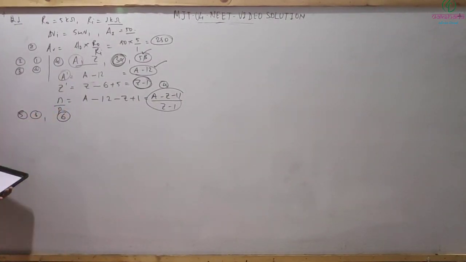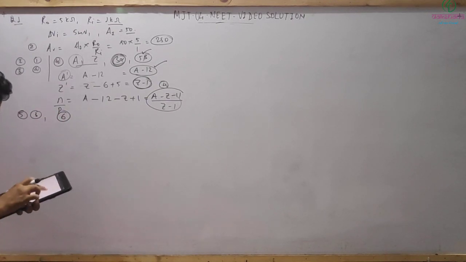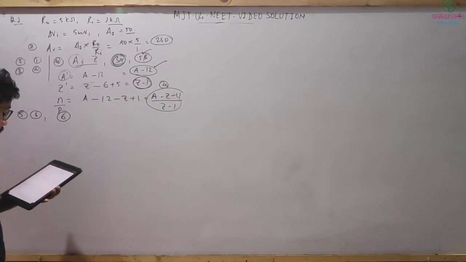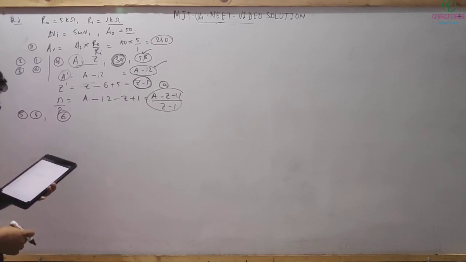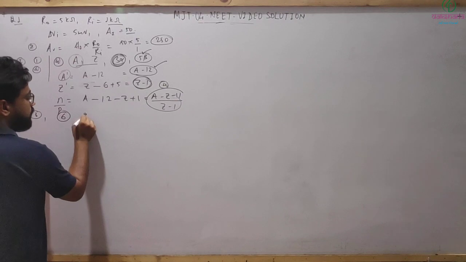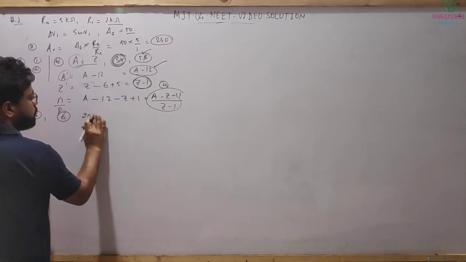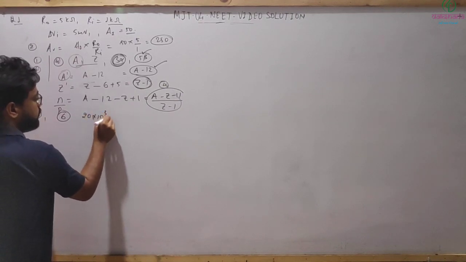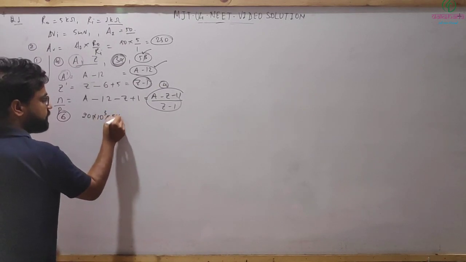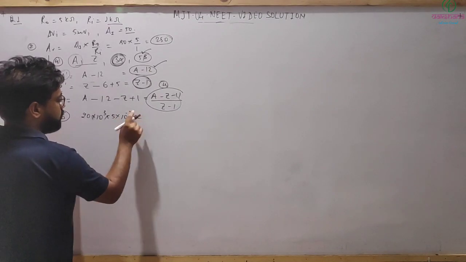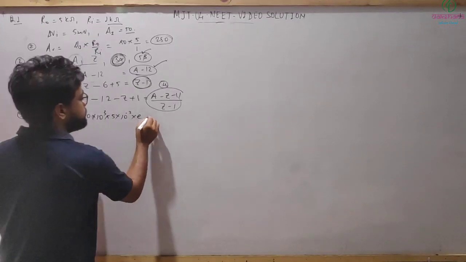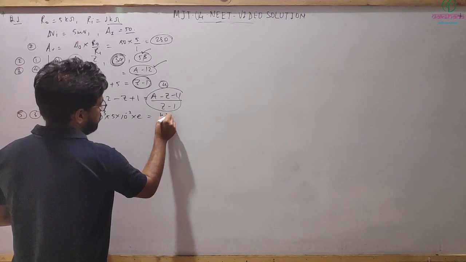Next, question number 6. So here an X-ray tube operates at 20 kilovolts. A particular electron loses 5% of its kinetic energy to emit an X-ray photon at first collision. The wavelength corresponding to this photon. So let's say the energy of that electron is 20 into 10 to the power 3 into 5%, that is 5 into 10 to the power minus 2, and this is getting converted into h nu.